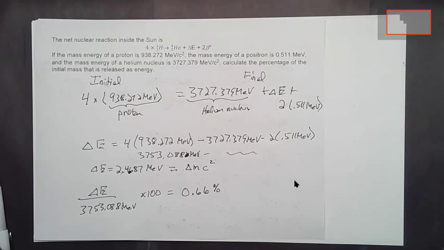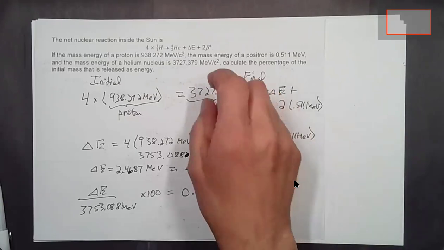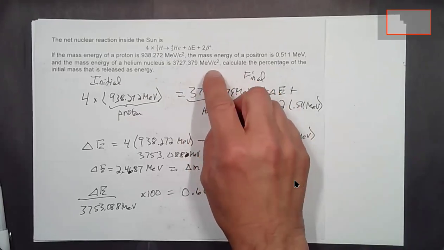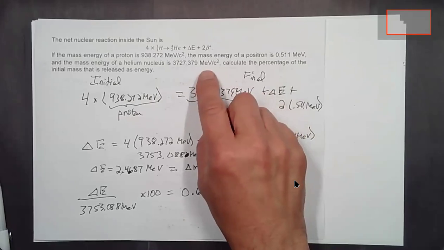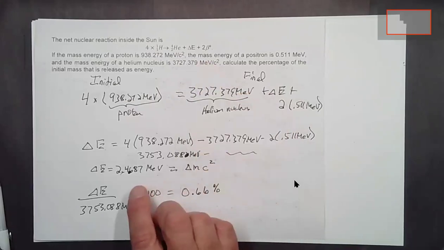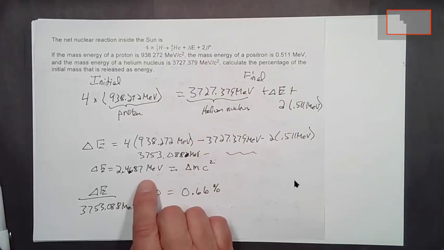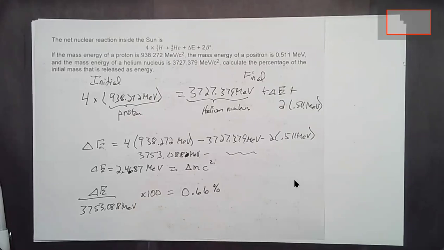So that's a reason that for chemical reactions, the typical energy released in one is measured in electron volts, and for nuclear reactions, we're measuring them in mega electron volts.